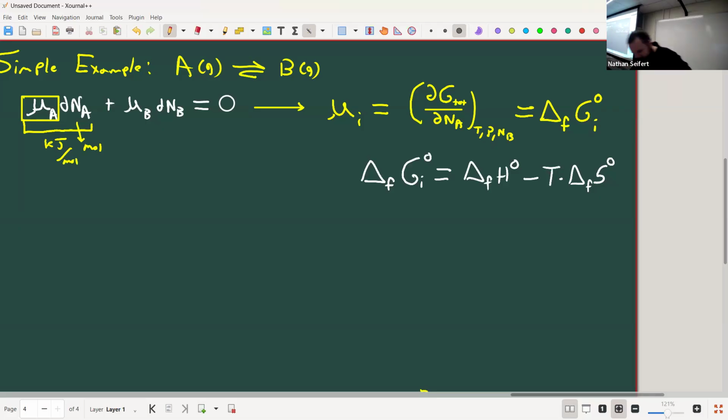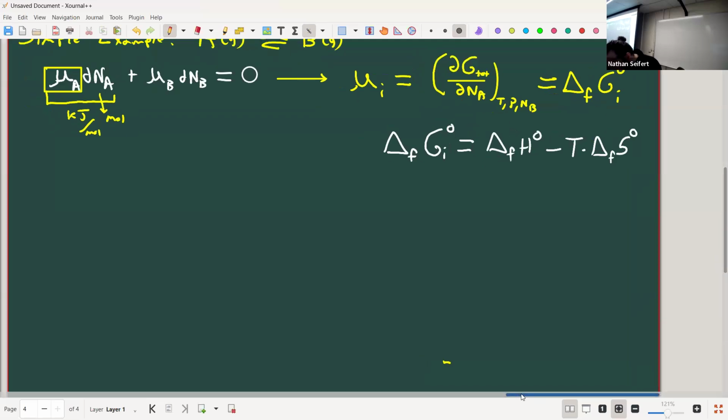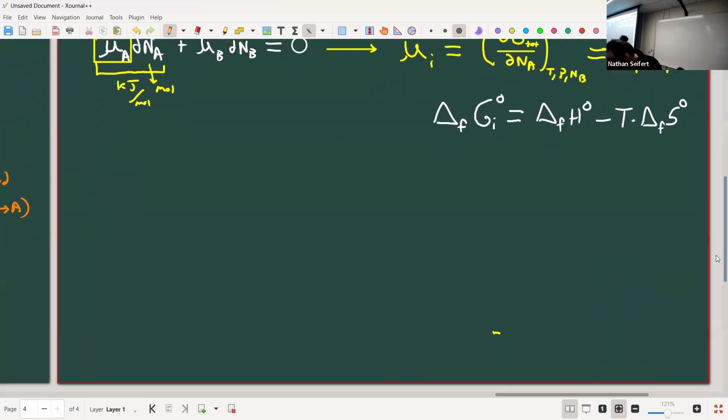So let's think about that from the perspective of just a very simple diagram. Imagine that we have one of these little energy diagrams I've drawn in the past.